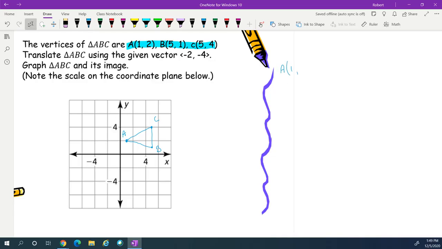A is at 1, 2. B is at 5, 1. And C is at 5, 4. That vector, think about what that says. It says from the x value -2 and from the y value -4.